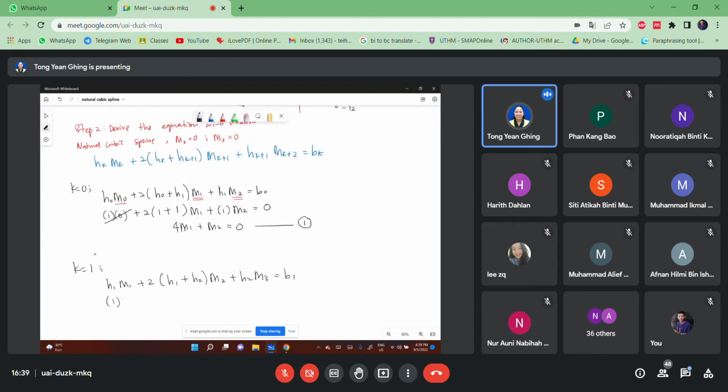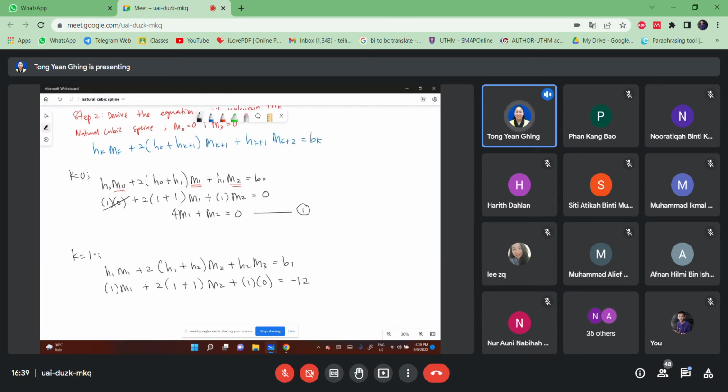H1 is 1, M1 is unknown, plus 2 times H1 which is 1 plus H2 which is 1 as well, M2 is unknown, H2 is 1, M3 is 0. B1 is negative 12. So this one is 0. Now we have M1 plus 4M2 equal to negative 12. This is the second equation. Now we have two equations with two unknowns, so we can solve the unknowns already.